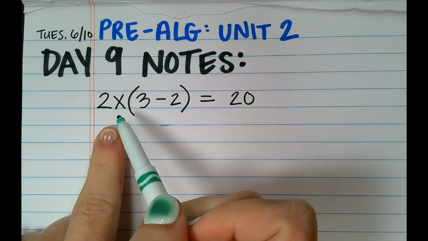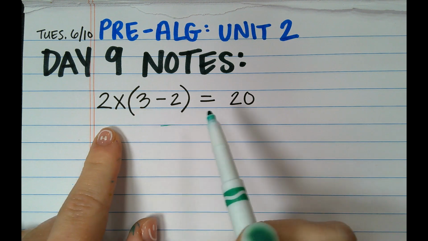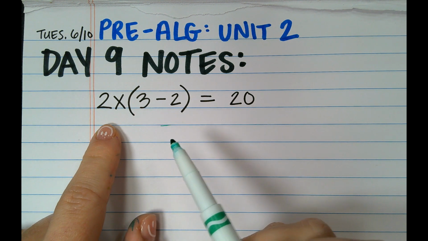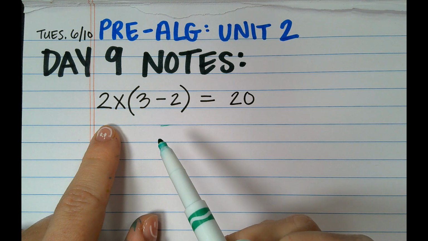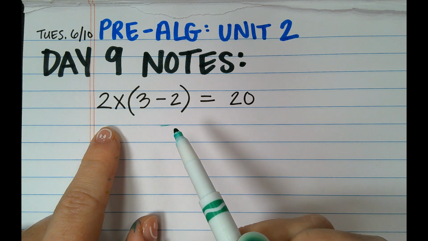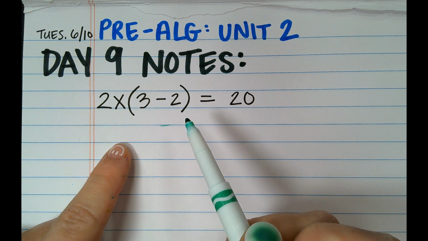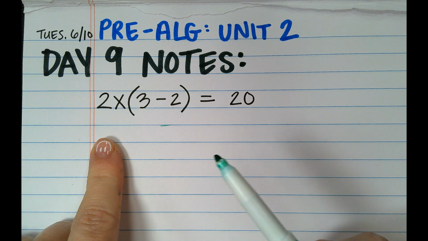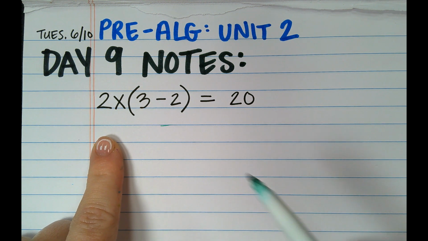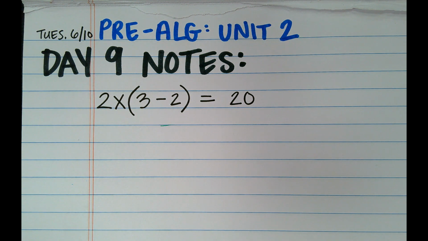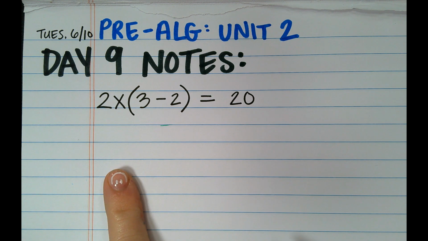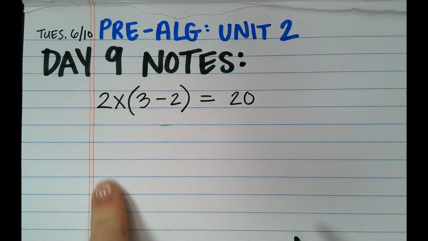But if I wanted to start by using distribution, what does distribution mean? What am I doing really? Inverse, we are using inverse operations, yes. But what is distribution specifically? Do you guys remember what distribution might be?